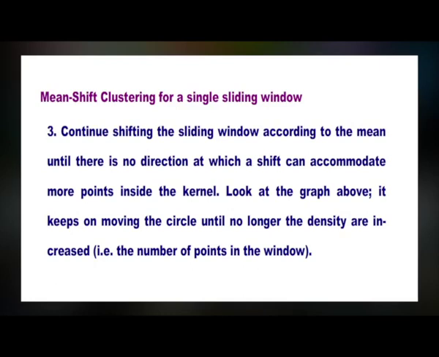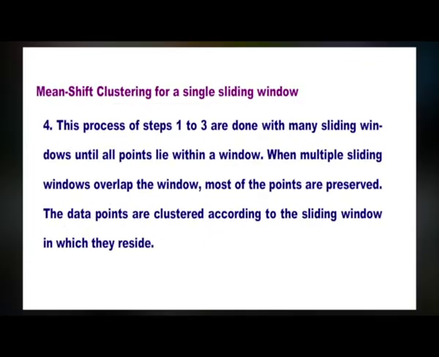Look at the graph above. Here it keeps on moving the circle until the density no longer increases, that is, the number of points in the window. This process of steps 1 to 3 is done with many sliding windows until all points lie within a window. When multiple sliding windows overlap, the window containing the most points is preserved.